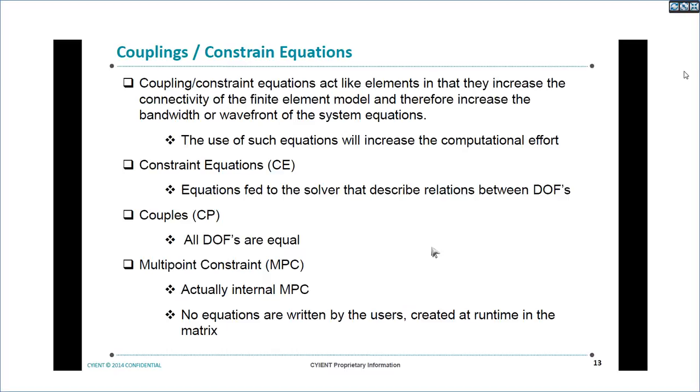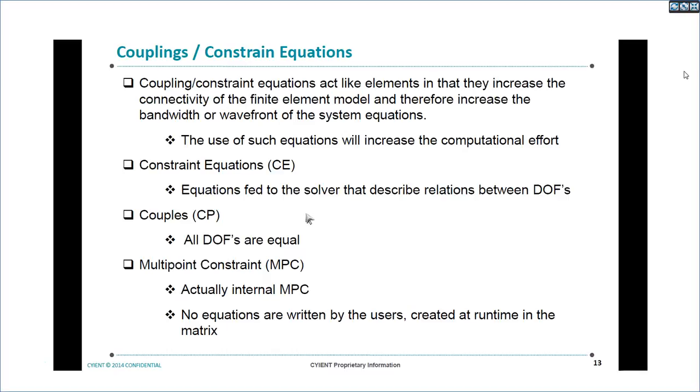Now, more understanding on couplings and constraint equations. Coupling and constraint equations generally act like elements and increase the overall finite element problem. That means they increase the bandwidth and wavefront of the system of equations. They generate additional equations to solve the finite element problem, and increase the overall computational effort.